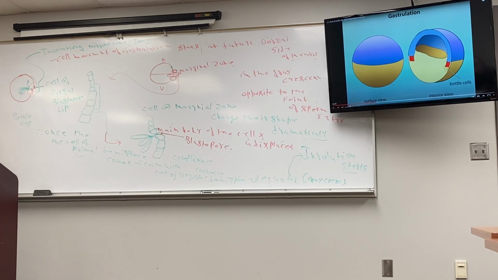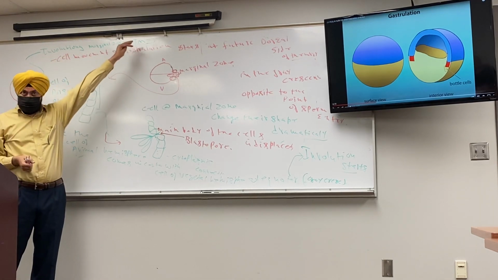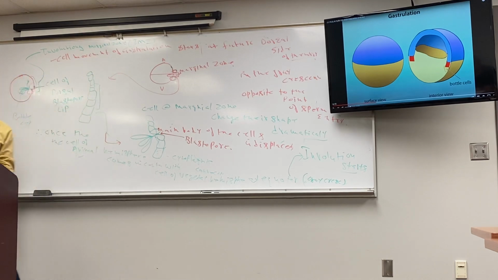We say the area where this involution is taking place is called the involuting marginal zone. And the cells of the involuting marginal zone keep on changing as these cells are migrating inside.